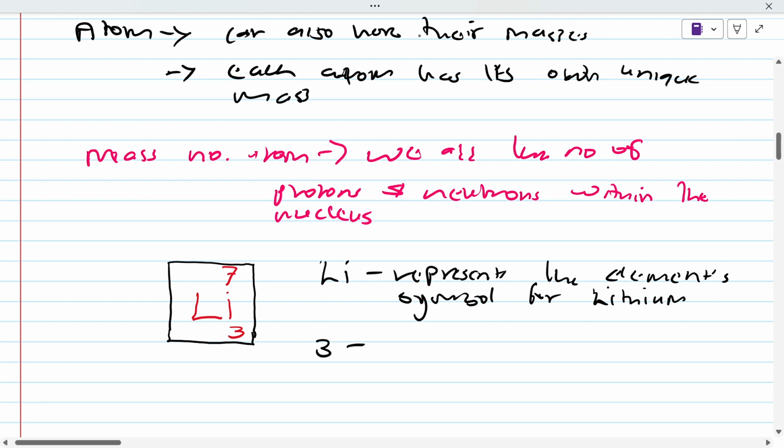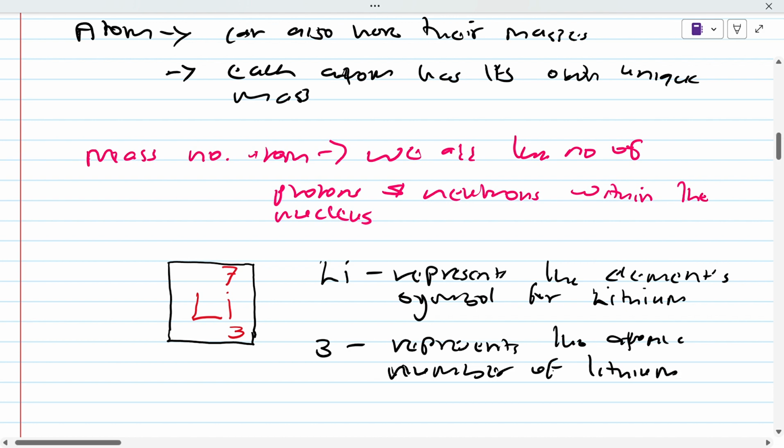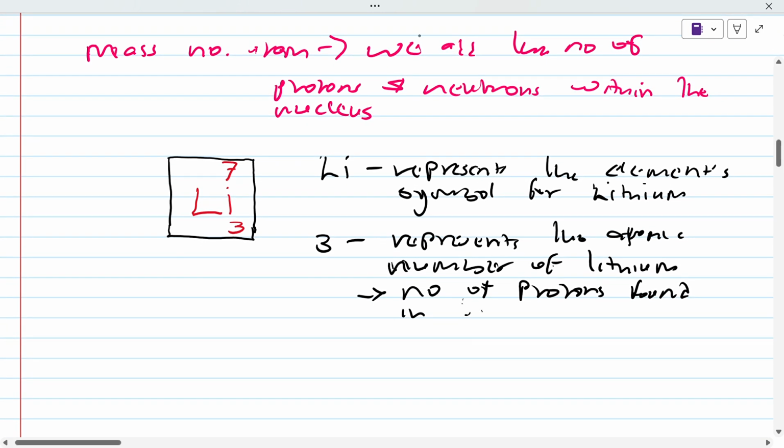Three represents the atomic number of lithium, and this means the number of protons found in the nucleus of the lithium atom.